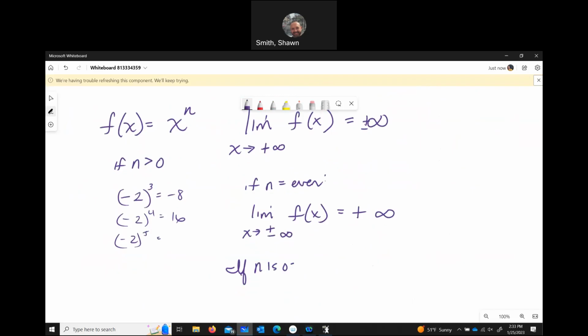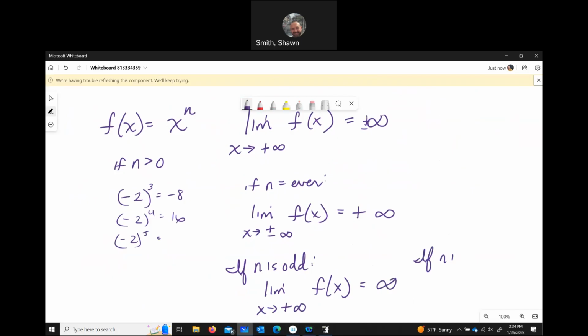If n is odd now, we got two situations. Limit as x approaches positive infinity of f of x. A positive number raised to any power is still positive, right?